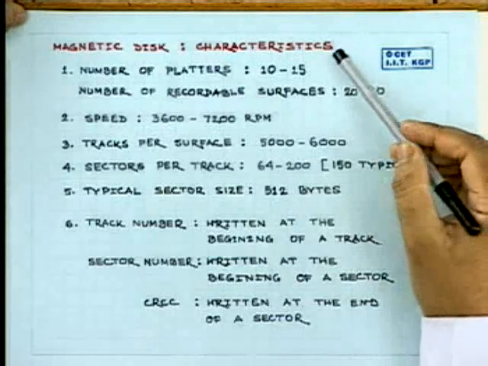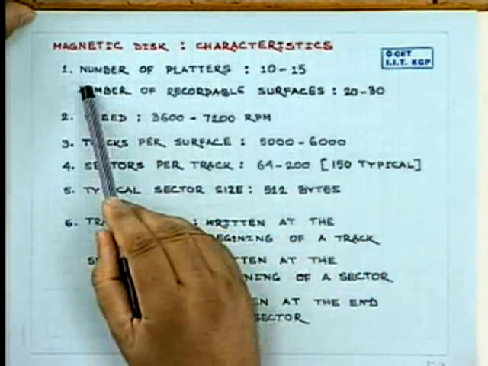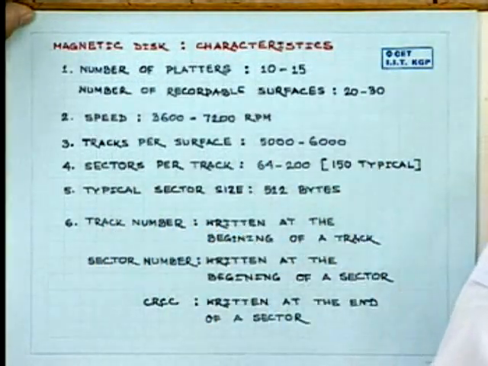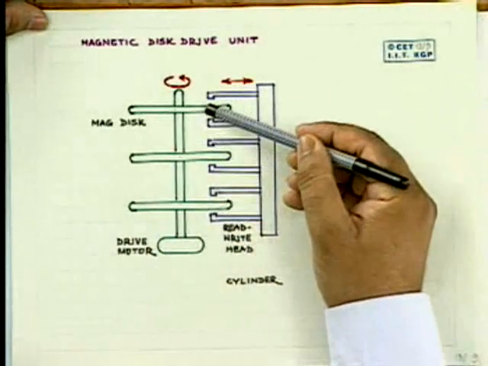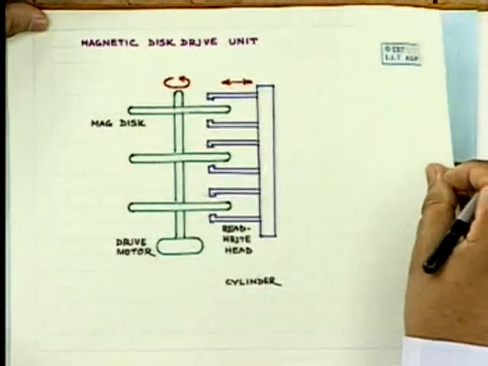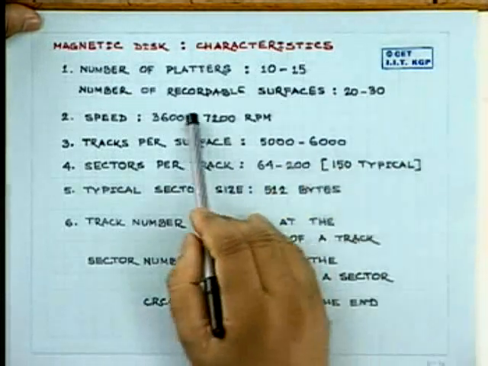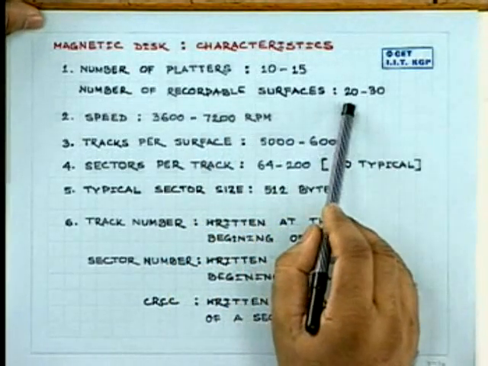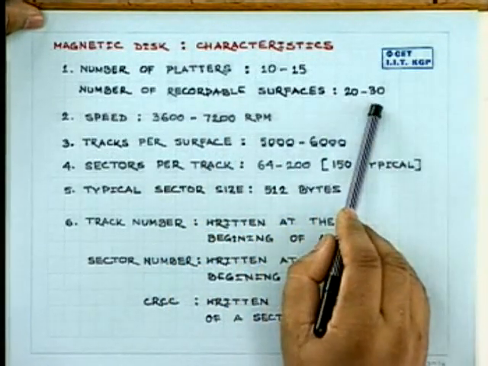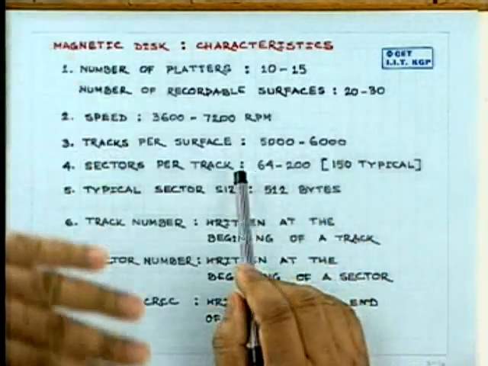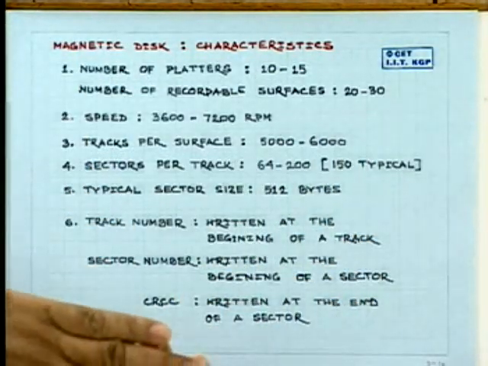Now, I have given certain characteristics of a magnetic disk, which I also gave earlier. The typical figures I gave earlier also. The number of platters is generally 10 to 15. The number of recordable surfaces are therefore 20 to 30, because on each platter you can write on the top surface or on the bottom surface.